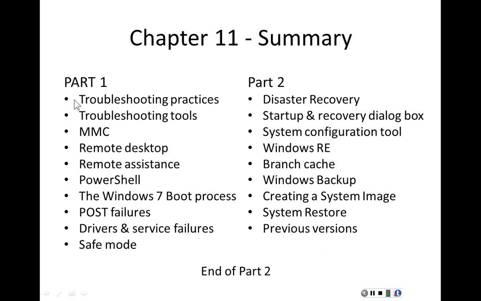And in part 1, we discussed troubleshooting practices, troubleshooting tools, the Microsoft Management Console, remote desktop, remote assistance, PowerShell, the Windows 7 boot process, power-on self-test failures, drivers and service failures, and booting to safe mode.